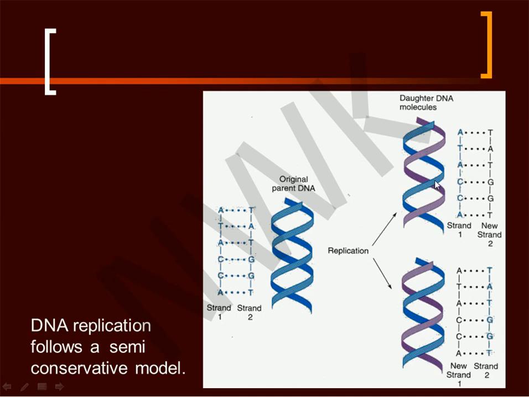You may notice that the new DNA molecule consists of one parental strand and one newly synthesized strand. Please take note that the nitrogenous base sequence of the new DNA molecule is exactly 100% identical to the original one. This ensures that the new DNA molecule is 100% identical to the parental molecule.